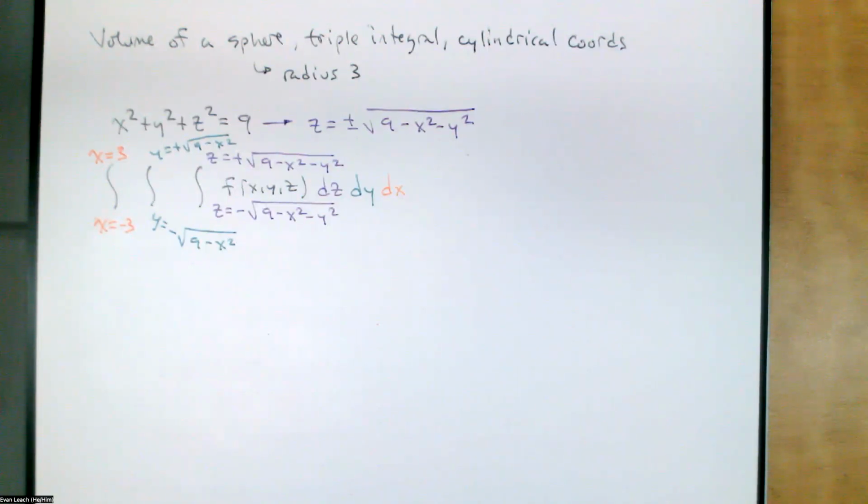Then we had to integrate 2 square roots of 9 minus x squared minus y squared with respect to y. And then all of a sudden, we had to do trigonometric substitution and we didn't want to. So let's redescribe our sphere, but in cylindrical coordinates.